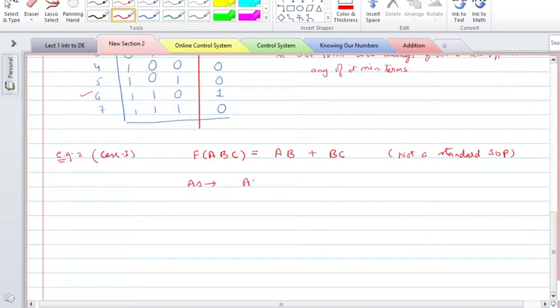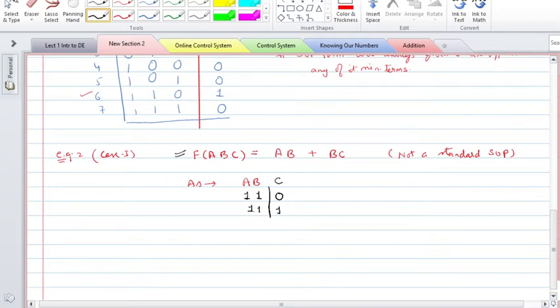AB has the value 1 1, for which this F will be 1. There are two possible cases for C here, because C is missing. Either C can be 0 or C can be 1.